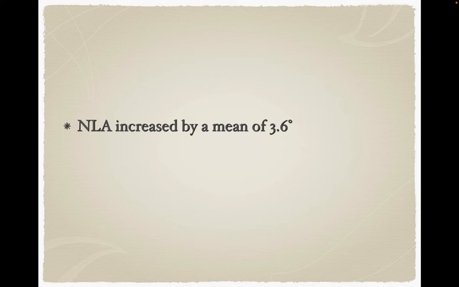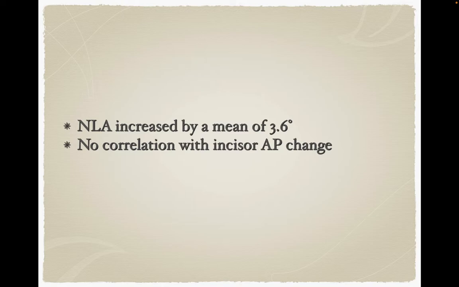Some people have more increase in the nasolabial angle. The other patients don't have any change in the nasolabial angle. So there's a huge difference. But the thing is, they said there is no correlation with the incisors AB changes. So basically, you will think if I have a retraction of the upper incisors by 5 millimeter, then this will definitely result in more lip retraction than if I retract the upper incisors by only 3 millimeter.